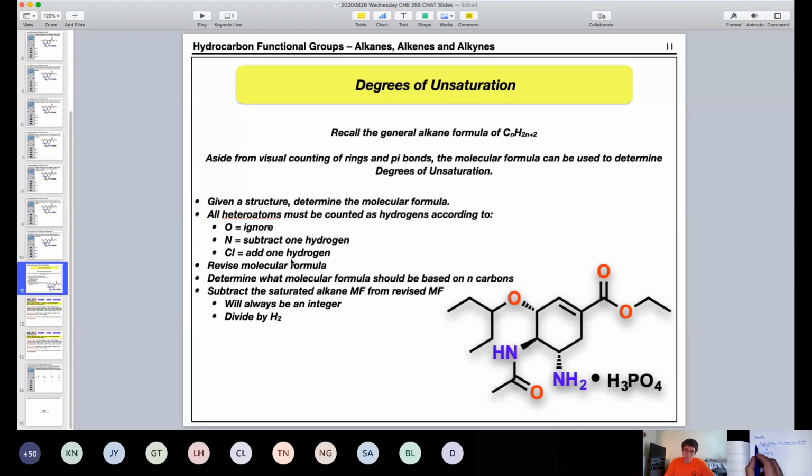So this is what we are given here. We went through our algorithm. This is what we are going to use to compare to the saturated alkane. We have n equals 16. So if we're using CnH2n plus 2, for 16 carbons, we want to determine how many hydrogens there should be.